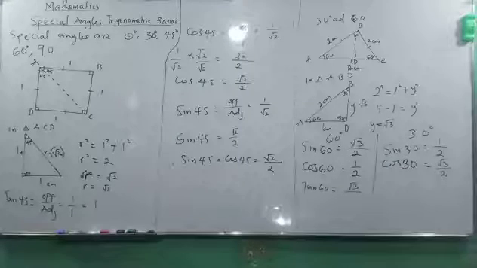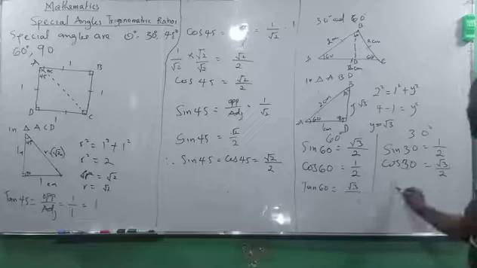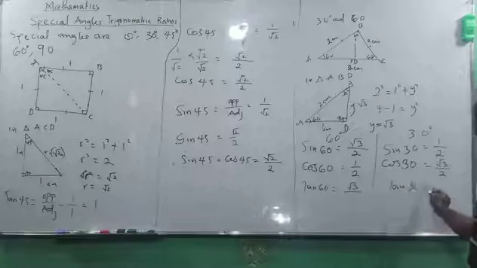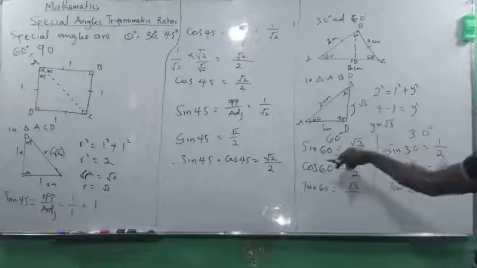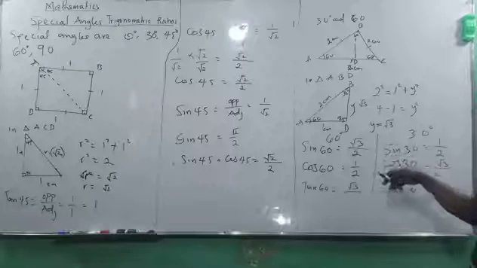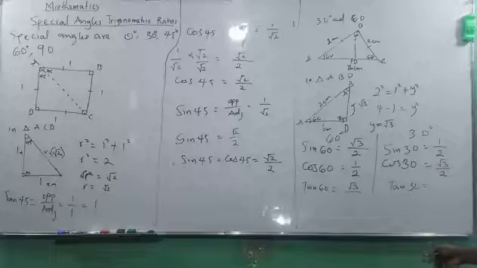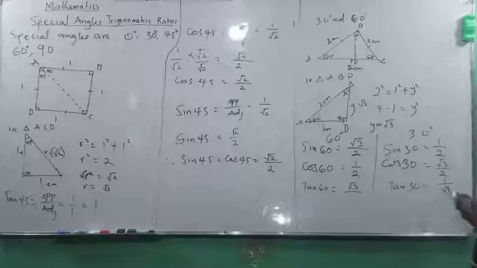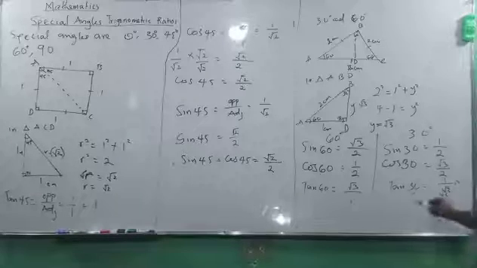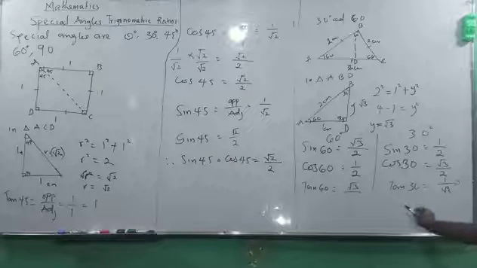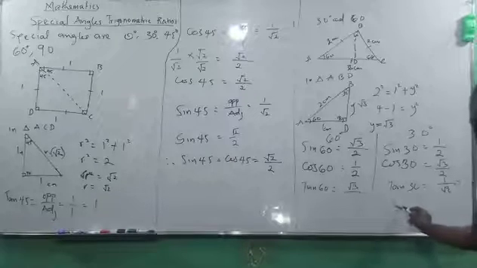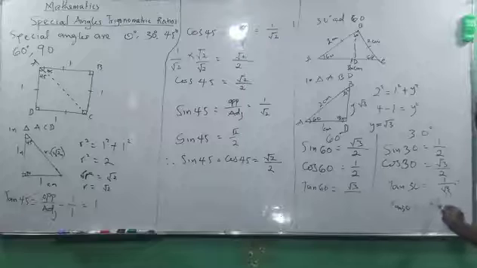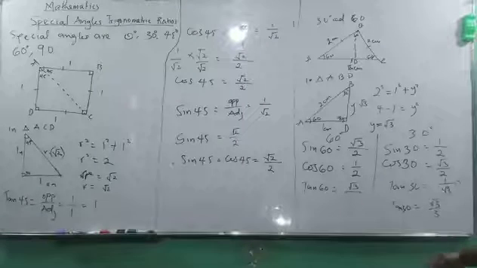Now, tan 30 will be equal to opposite all over adjacent, which is 1 all over root 3. Now, it will be very wrong for me to leave this like this. It means I'm saying that tan 30 will be equal to root 3 all over 3. That is what we are talking about.